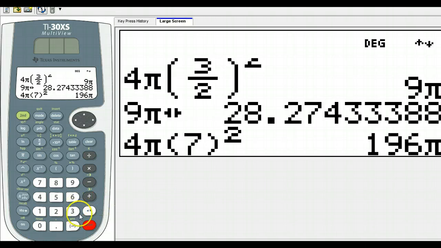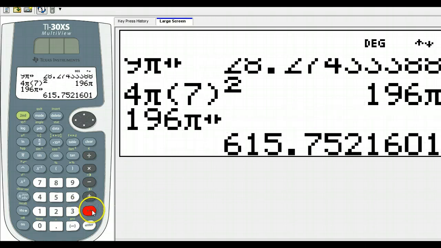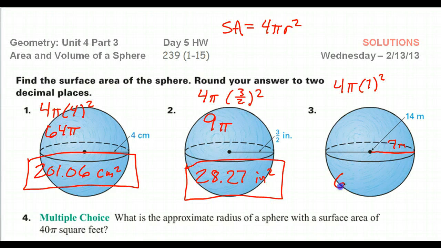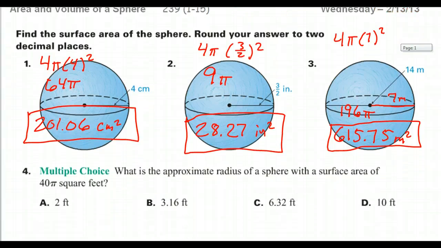All right, that's 196 pi, or 615.75. All righty then. That's the answer to number 3. So just use the formula for the surface area of a sphere.